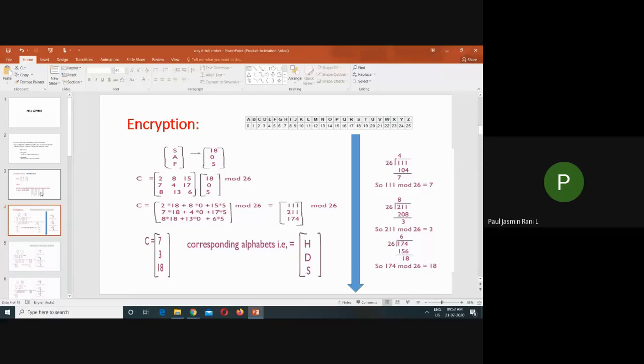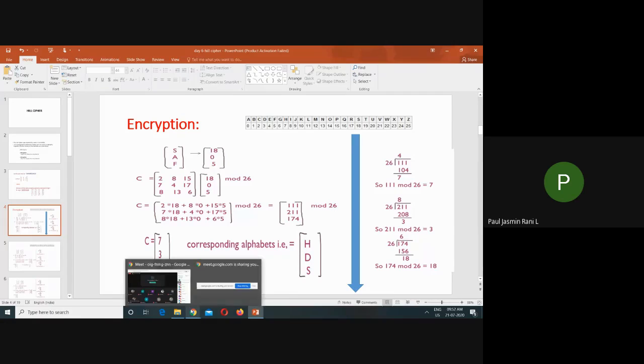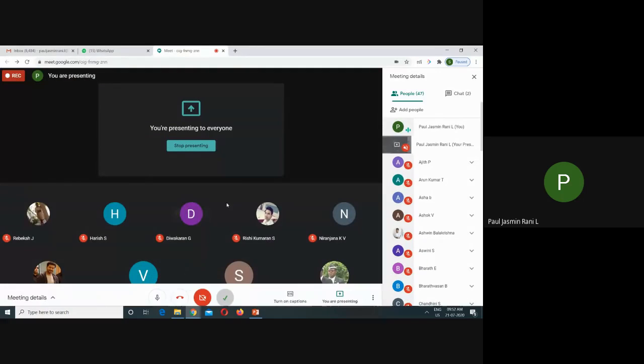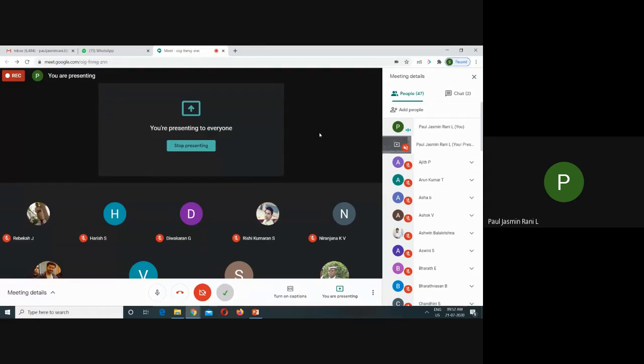Then do your mod function. Do it in your notebook and tell me the answer. After completing, post your answer in your chat box.